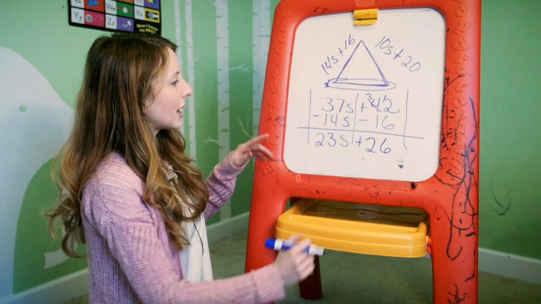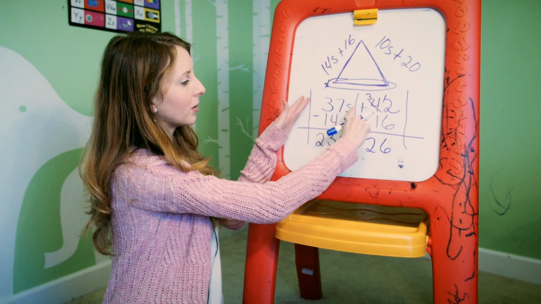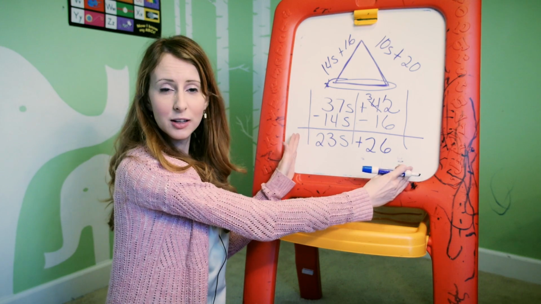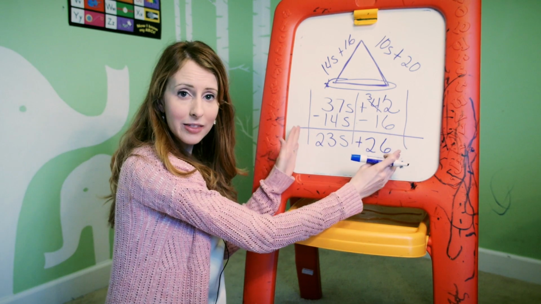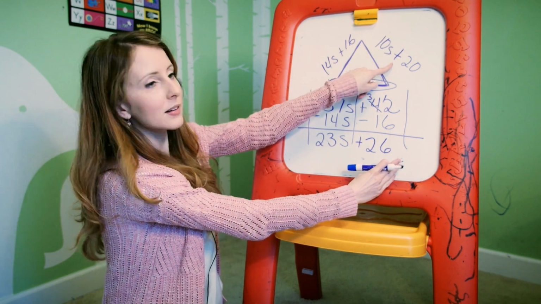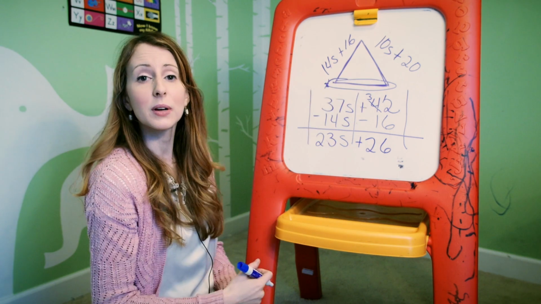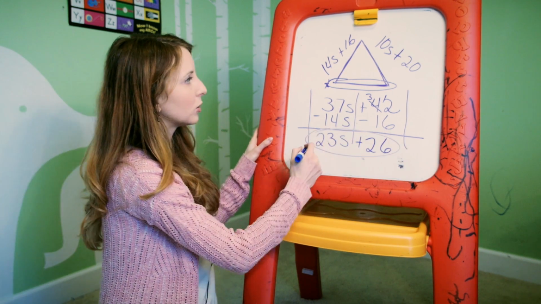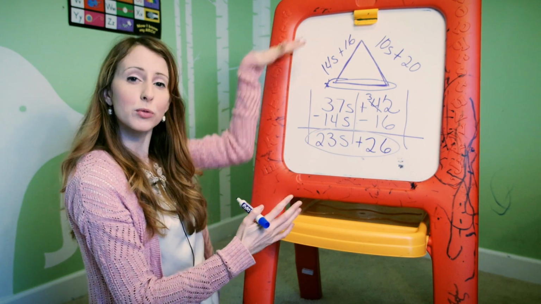All right, so now we've taken the value of the entire perimeter and subtracted the first side and gotten this value as an answer. Now we need to take that value and subtract the other known side, and that will give us our final answer. So what I'm going to do is write this value up here at the top so that we have room to work with it.